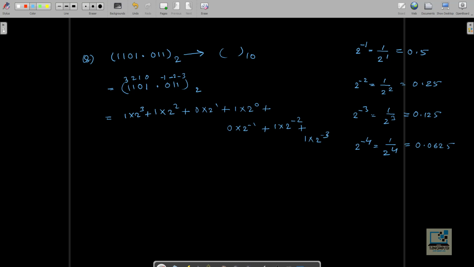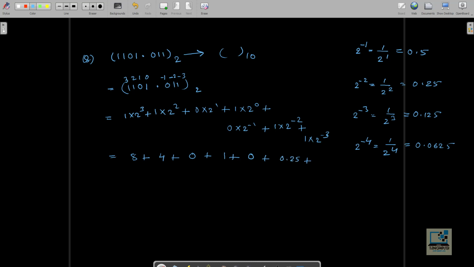Okay, so 2 to the power 3, this term is going to be 8, 2 to the power 2, this term is going to be 4, next term is multiplied with 0, so 0, next term is 2 to the power 0, that is 1, next term is 0 into 2 to the power minus 1, that is 0, and 2 to the power minus 2, this term, like I have told you here, is going to become 0.25.